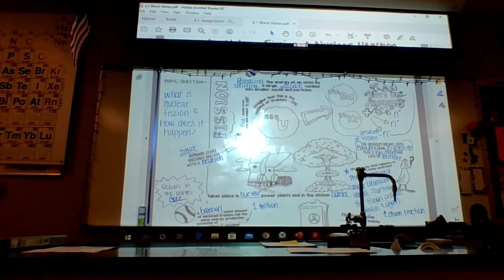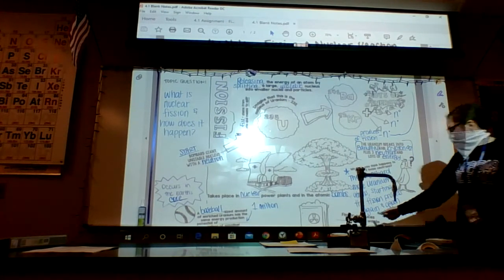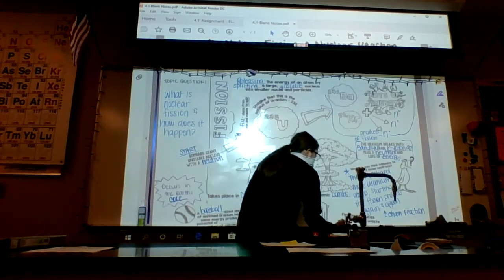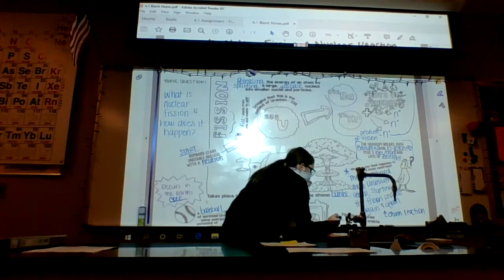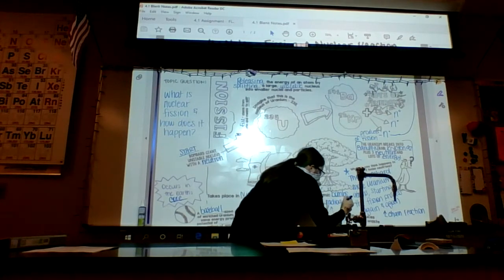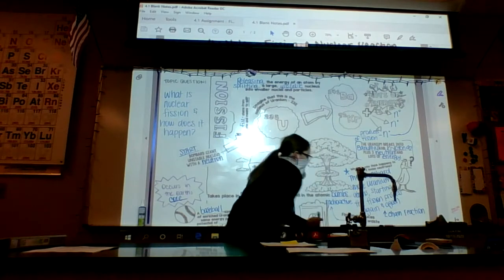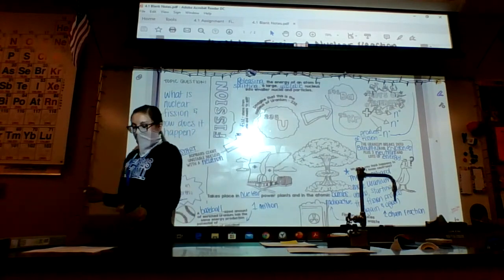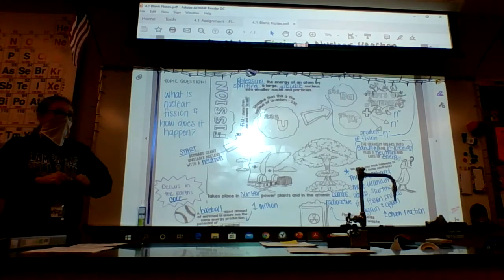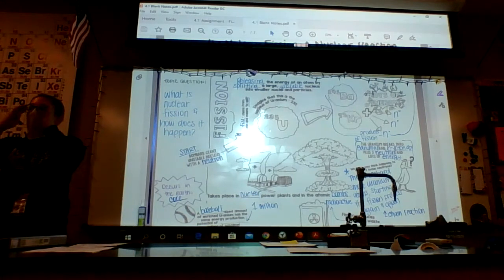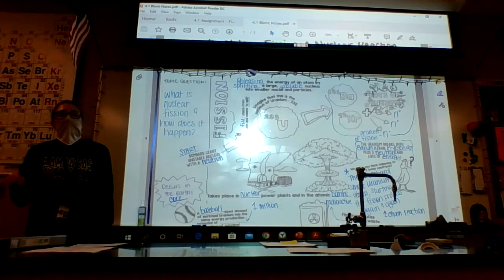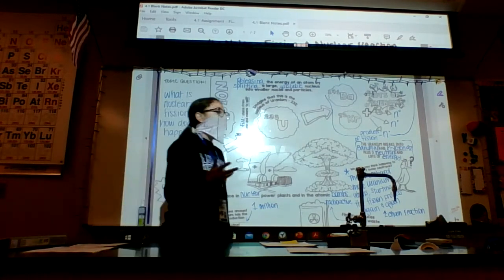What would be a bad thing of fission? Nuclear waste. Radioactive waste. So fission produces this blank right here. I'm going to write up here, radioactive waste. Like in the event of Chernobyl, that nuclear power plant that exploded, yes, some people died from the explosion itself, obviously, but more people died because of the radiation it gave off.